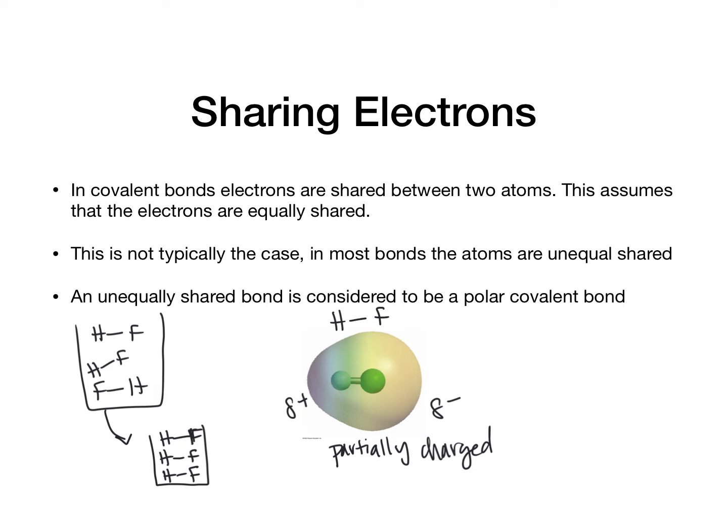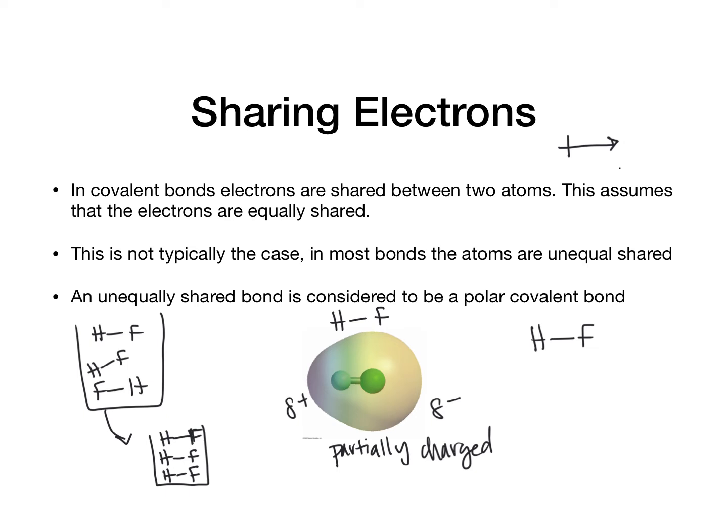And so if we were to annotate this and maybe not want to draw this large 3D structure, what we do is we can draw something called a dipole moment. And a dipole moment is a diagram of how polar something is, or it indicates that it is polar. So we're going to draw a little vector, and a vector is going to look like this, where it has a plus sign on one end and an arrow.